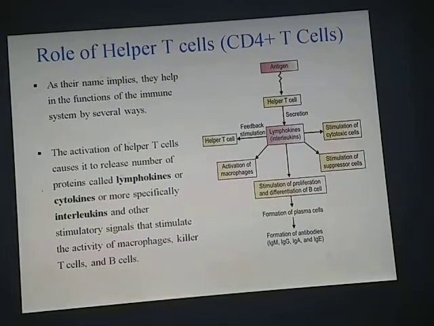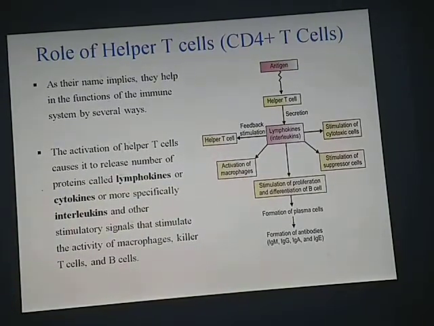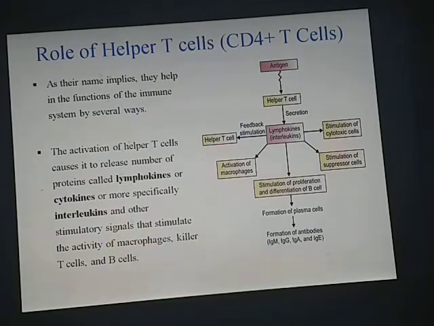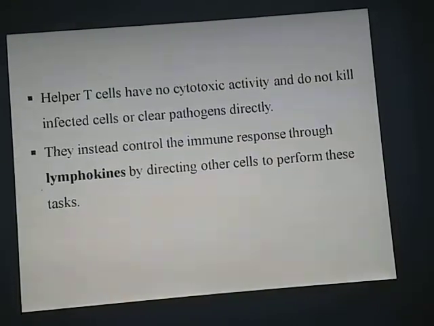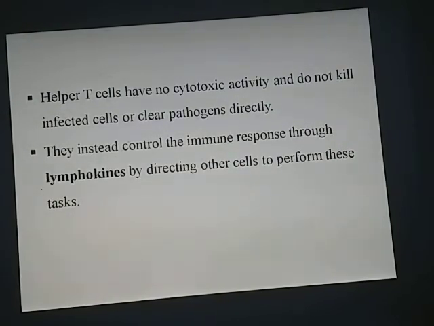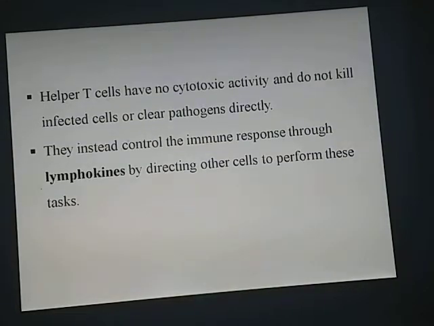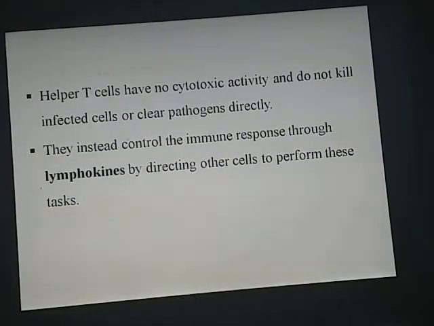So here, the activation of helper T cells causes the release of lymphokinins, cytokinins, or interleukins. This is the important point to be noted. The helper T cells have no cytotoxic activity, and do not kill infected cells or clear pathogens directly. They instead control the immune response through lymphokinins or cytokinins by directing other cells to perform these tasks.